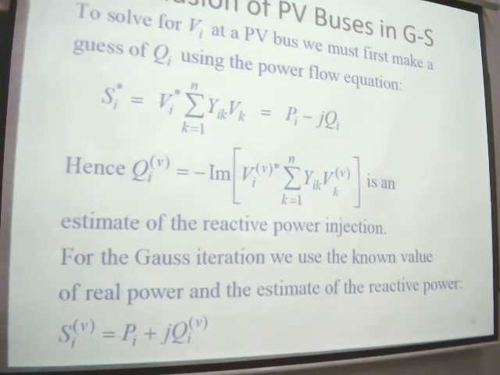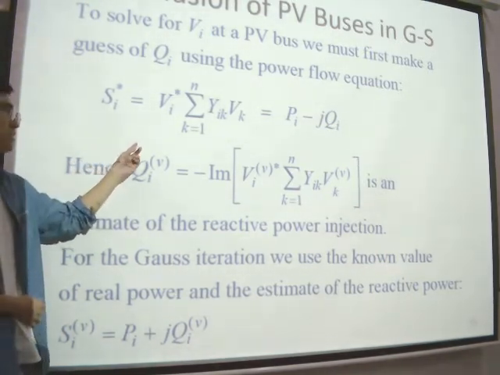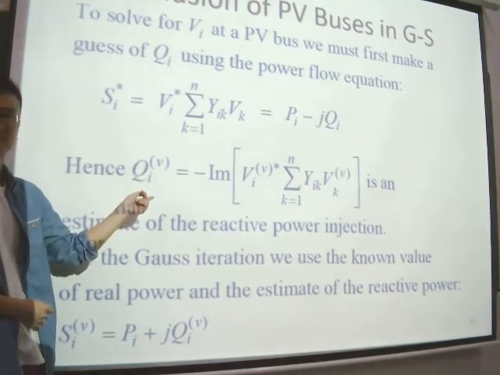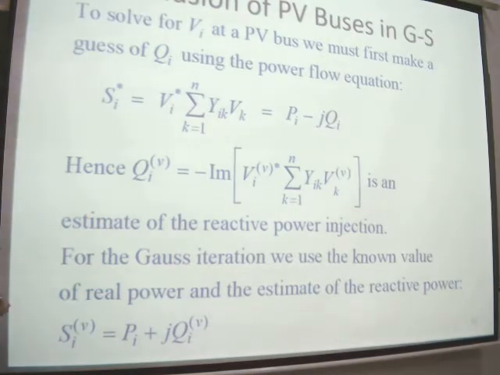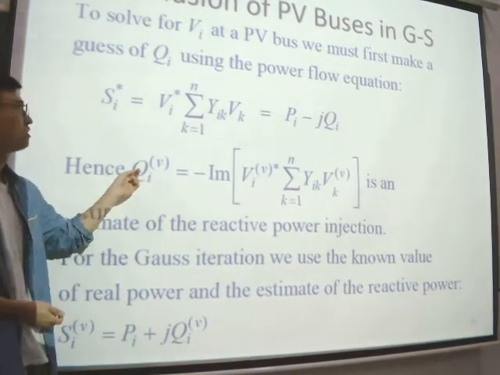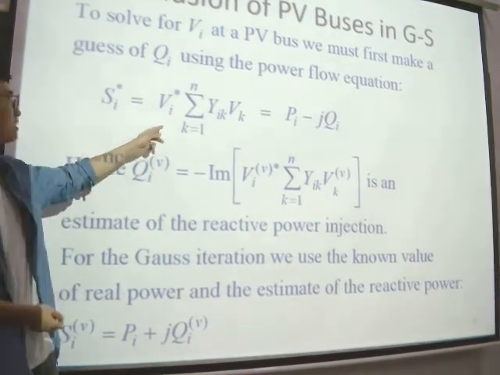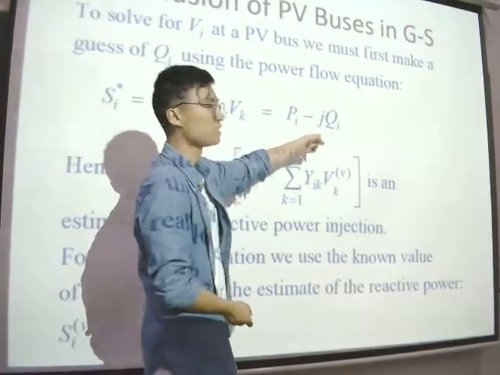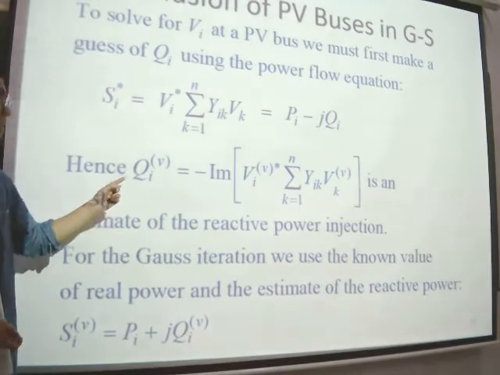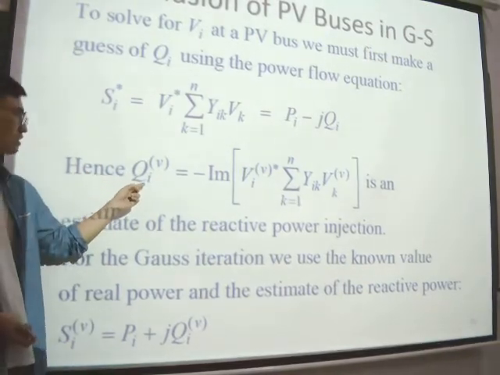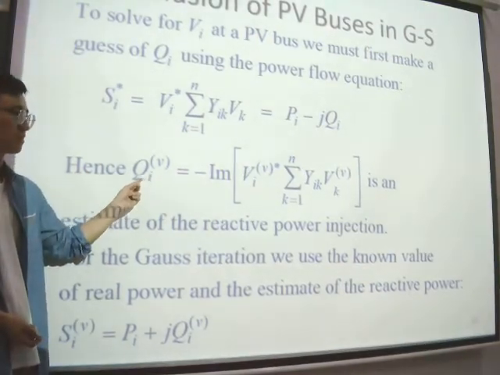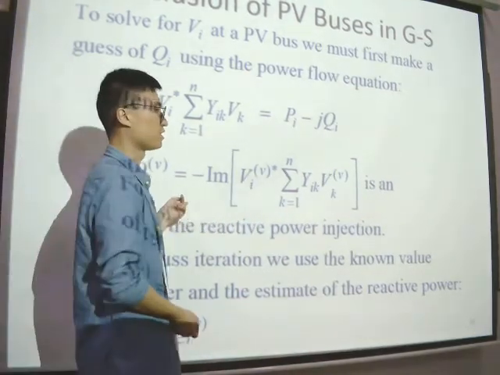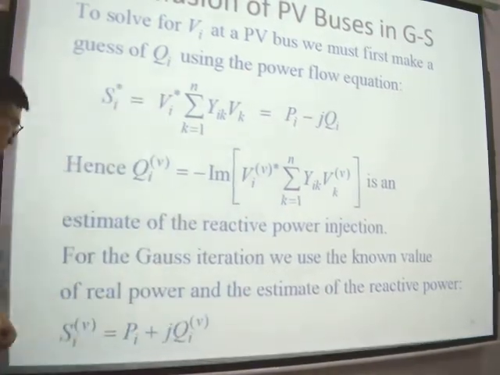For the PV bus, the only difference is that the iteration equation is different, because Q is unknown, and we get this complex power. P is known, Q is unknown, so we will save the imaginary power as a package in this iteration method.